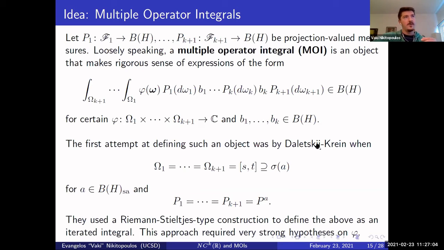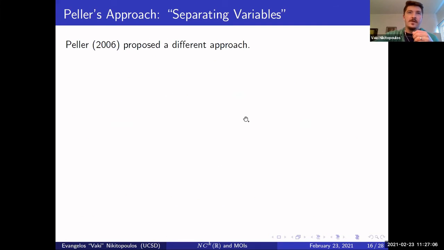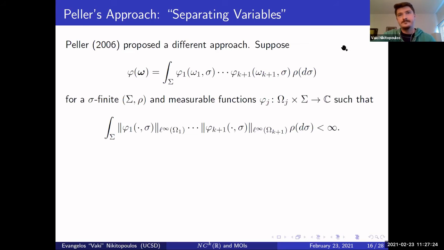So the modern approach that I'll show you is due to Peller, and it takes this idea of separating the variables and doing them one at a time to the extreme, more or less. In 2006, Peller introduced a class of functions that I will now describe, and those are the functions we will be multiple operator integrating.